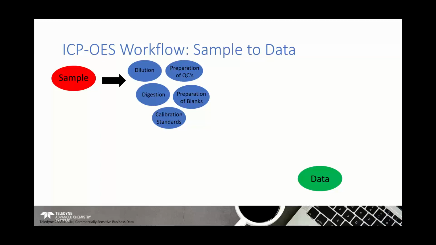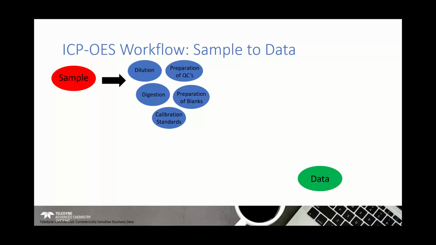If it's in a solid form, we need to get it into the state where it can be introduced to an ICP OES instrument, which is typically via a glassware arrangement, nebulizer and spray chamber. So if we have a solid sample, we need to work through some sort of breakdown process, a digestion process. The result of that digestion process might be a very high acid concentration solution that we then need to dilute so that we can work with it with ICP OES.